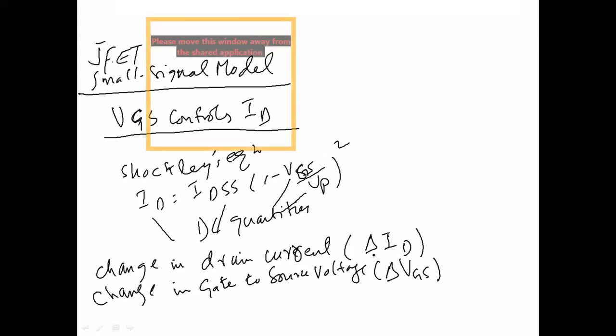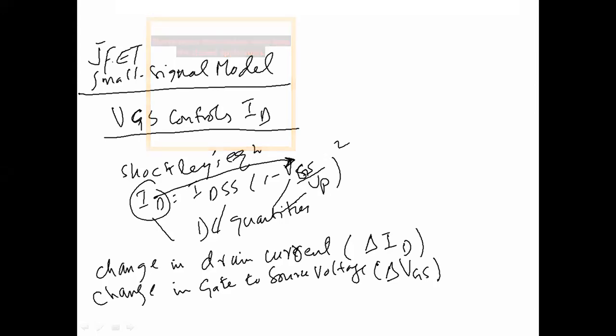Now these two quantities are related by a phenomena, यहाँ पर देख लेना. How we relate the change in drain current with the change in gate to source voltage delta VGS, किस तरह रिलेट करेंगे? Transconductance.